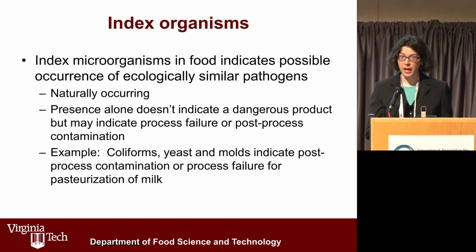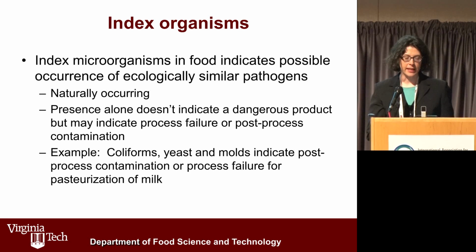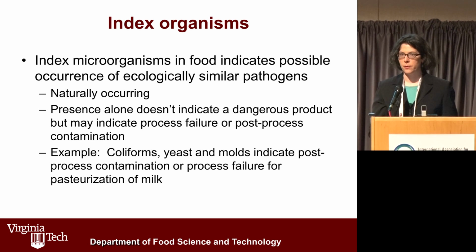So there's really two types of indicator organisms: an index microorganism and a surrogate microorganism. The index microorganisms are typically naturally occurring, and that is going to provide an indication that the food has been exposed to something where there's an ecologically similar pathogen. So E. coli is one of the standards for this from an indicator organism standpoint.